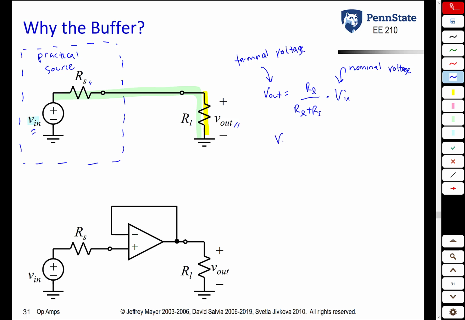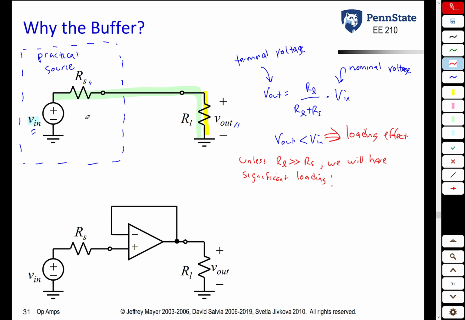What we see is that V out is going to be less than V in, and this is what we call our loading effect. In fact, we saw earlier this semester that unless RL is much, much greater than RS, V out is not going to be close to V in.